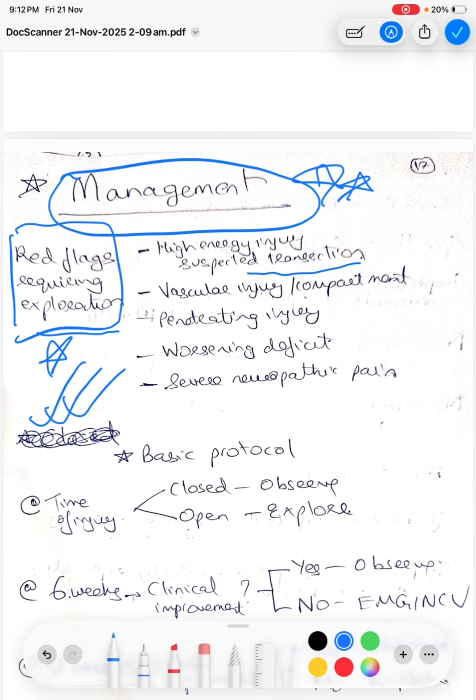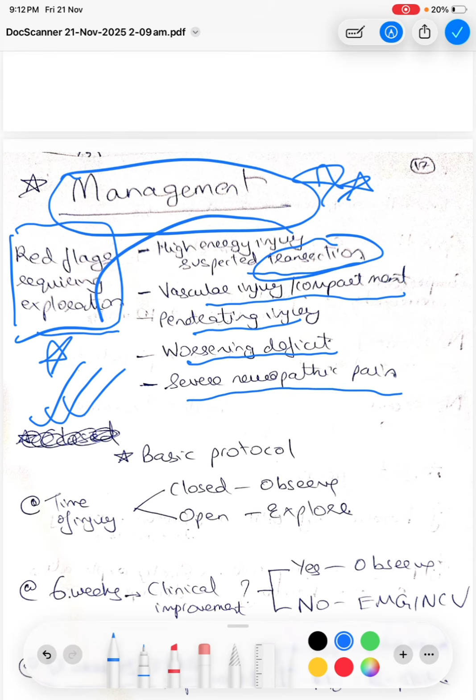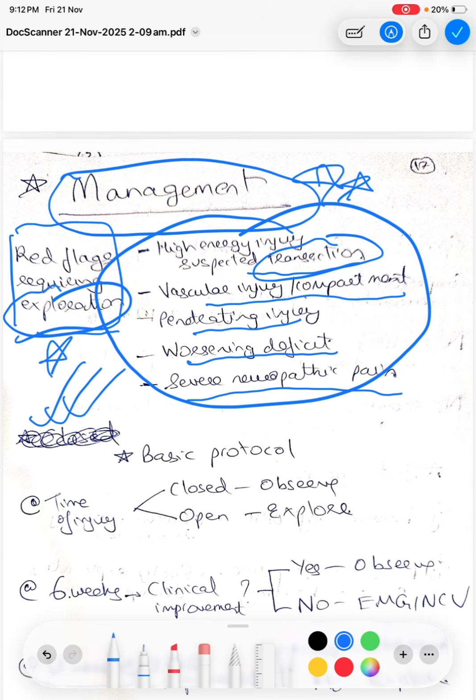When you are suspecting a transection of the radial nerve, open injury, compound injuries, penetrating injuries. Then there is a vascular injury or a compartment syndrome. Whenever there is worsening deficit and whenever there is severe neuropathic pain, in all these conditions, there is no point of thinking, you directly go for exploration.